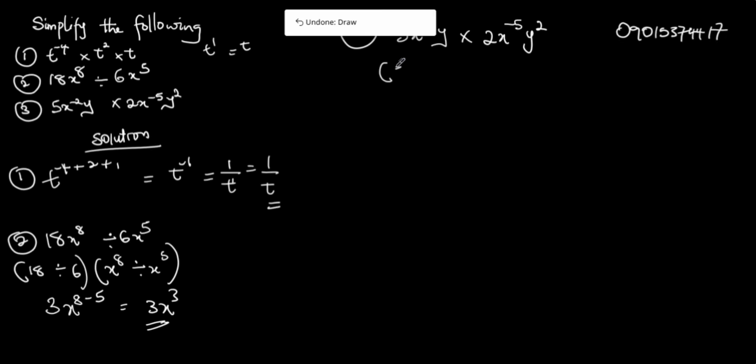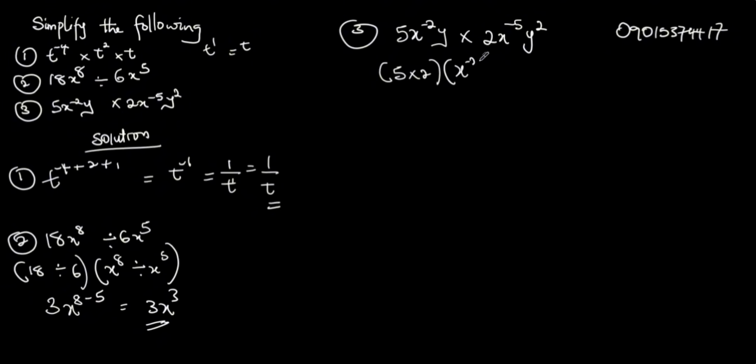So I have 5 times 2, then I have x also in one bracket, x raised to the power minus 2 times x raised to the power minus 5, and then I have y also in one bracket, y raised to the power 2. So 5 times 2 is 10, right? For x, the bases are the same, so I pick one of the bases, and then I add their indices. The index for the first base is minus 2, the index for the second base is minus 5, so I'm adding them together.